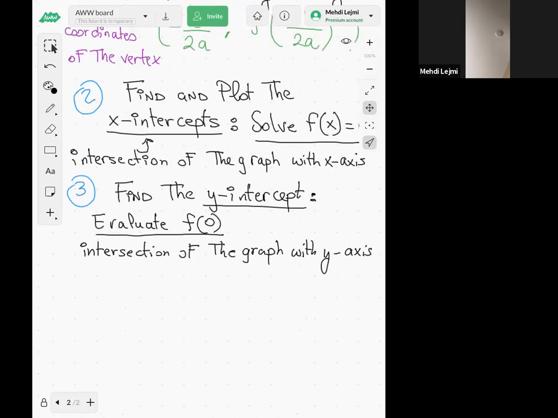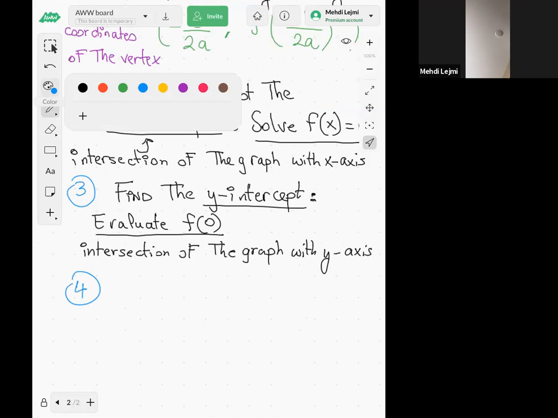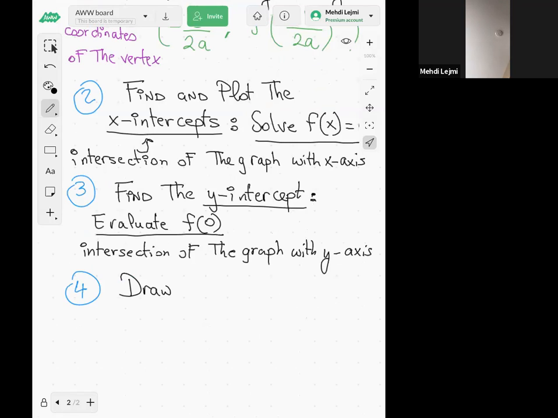The axis of symmetry, guys, is a vertical line.